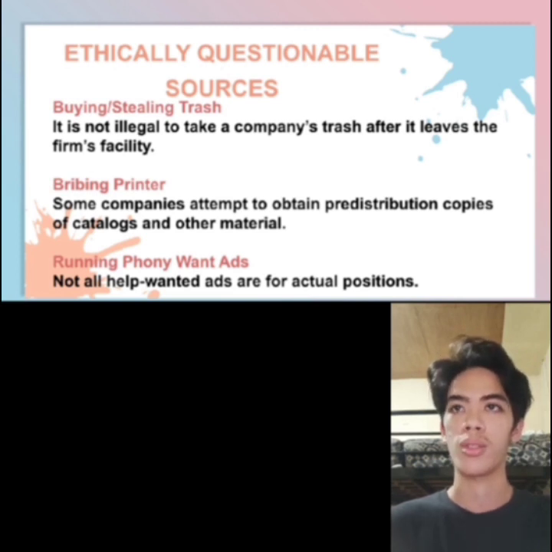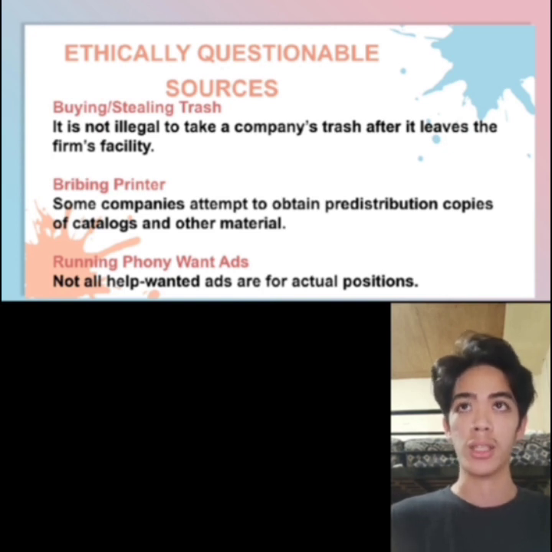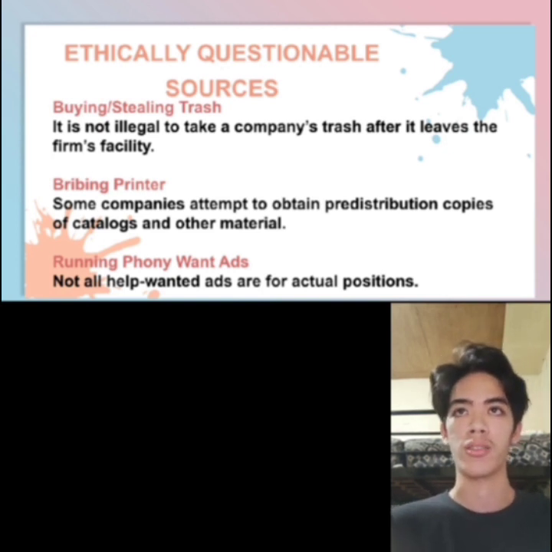So, next is bribing printer. Some companies attempt to obtain pre-distribution copies of catalogs and other material. So, parang same lang din siya sa buying or stealing trash.